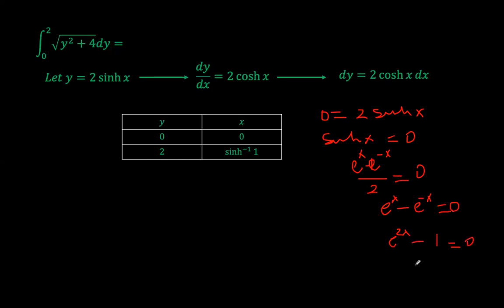So e to the power 2x equals 1, sorry, natural logarithm: 2x is equal to natural logarithm of 1, which is 0, and so x is 0.